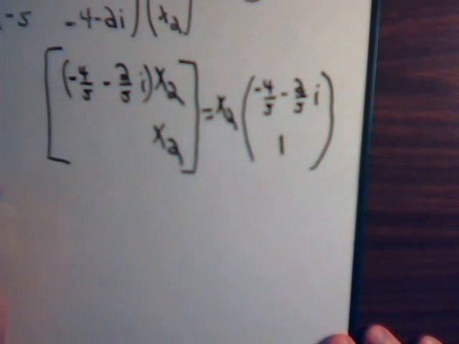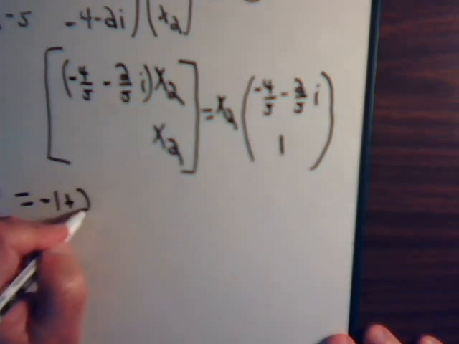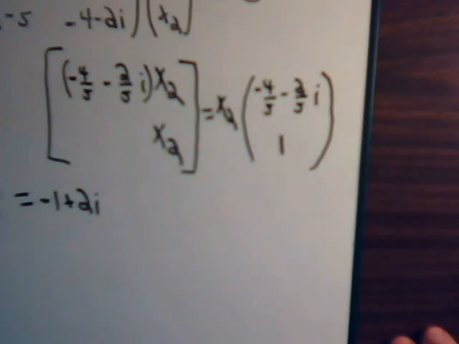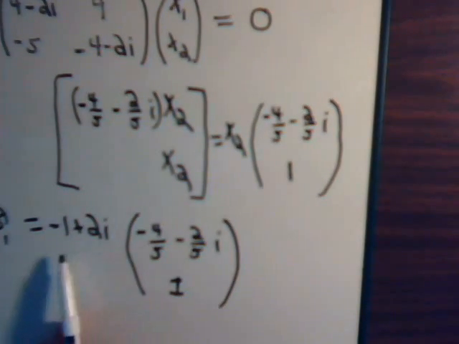So for lambda 1, which equals minus 1 plus 2i, the corresponding eigenvector is this, minus 4/5 minus 2/5 i, 1. There's the complex eigenvalue. There is its corresponding complex eigenvector.